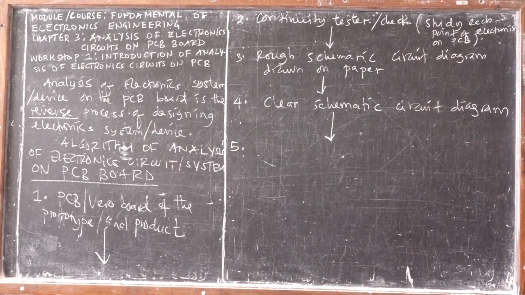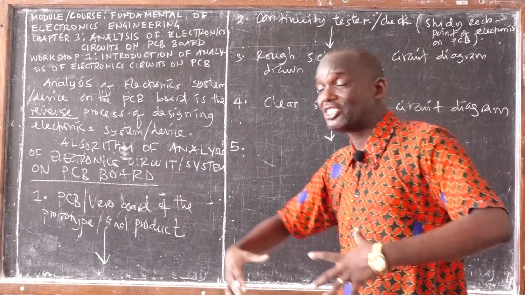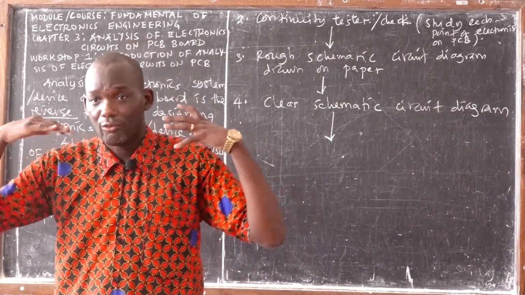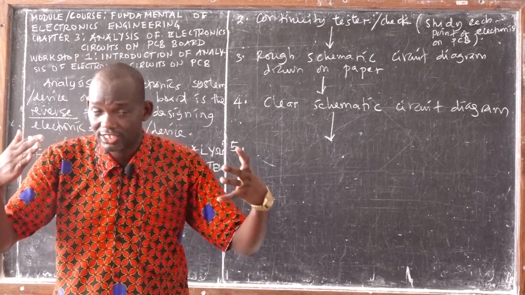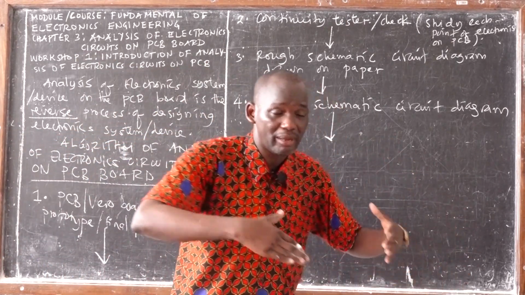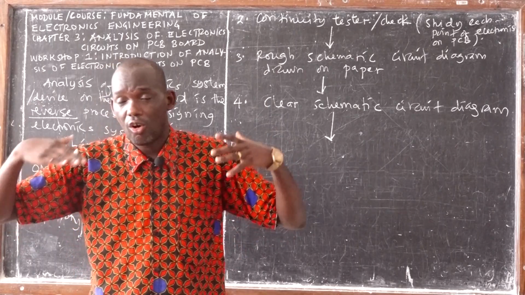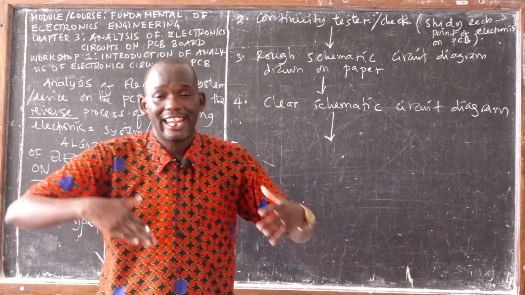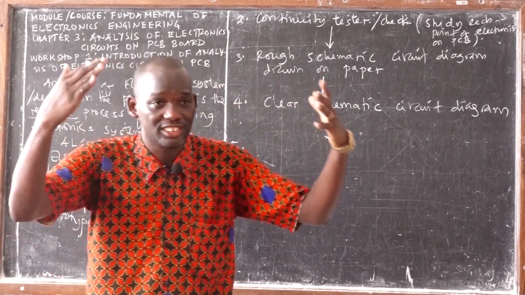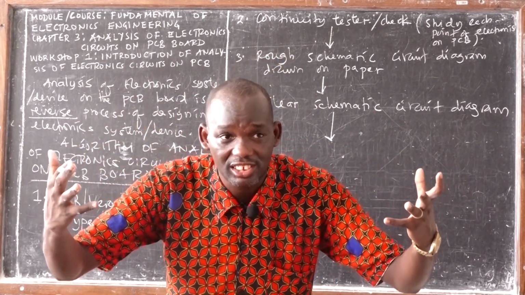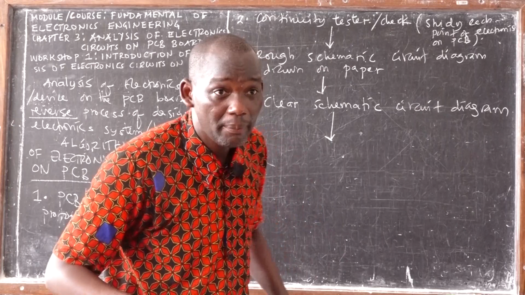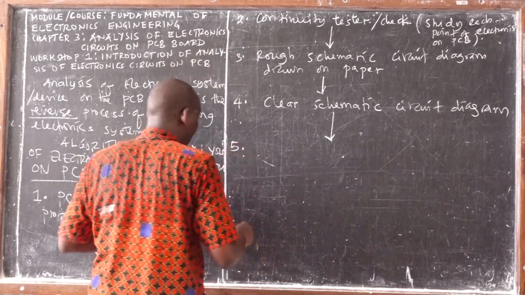Because you cannot simulate a schematic circuit diagram which does not have values of electronic components. For instance, you cannot go to the schematic editor of a simulation software and say that I want to pick a resistor. The software will ask you a resistor of how much resistance. Are we together?